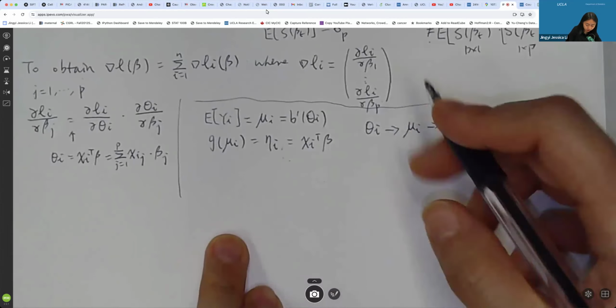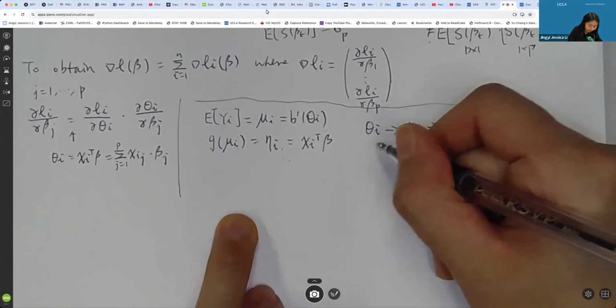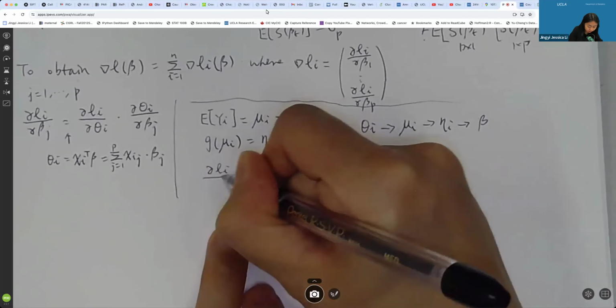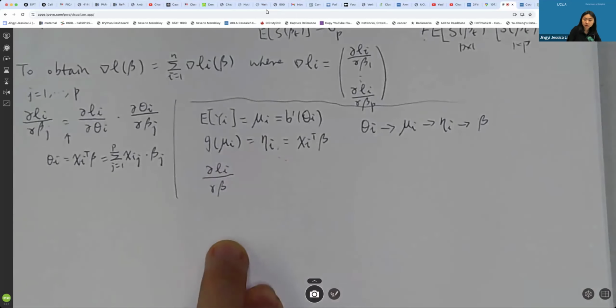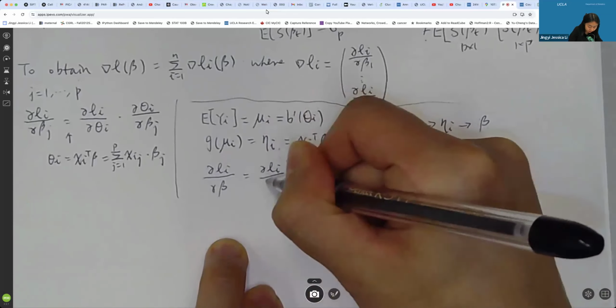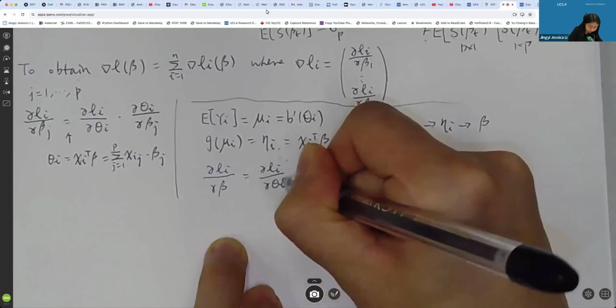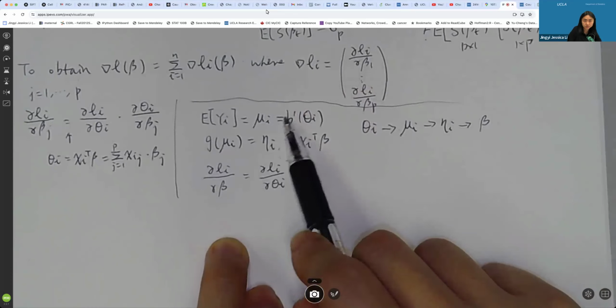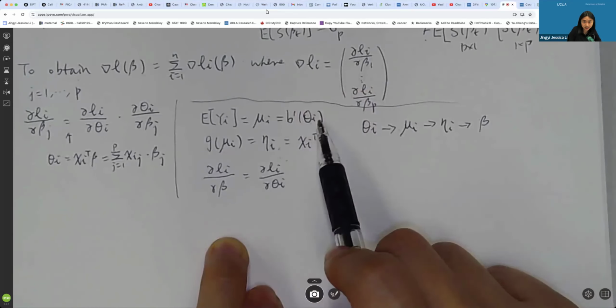So if we follow this whole chain rule, partial Li partial beta is partial Li partial theta I, and theta I depends on mu I. This is not a multivariate function. So mu I is a scalar, theta I is a scalar.